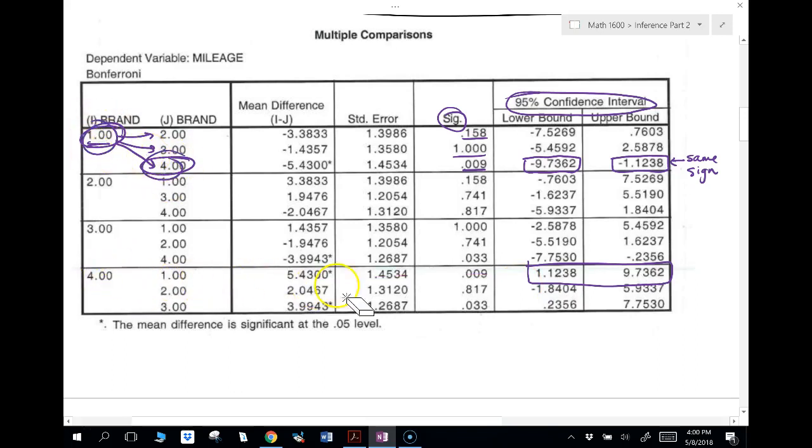All right, so let's write this out. Are there any others in there? Do you see any other pairings that are significant? 3 and 4 right here. Yeah. So we're going to use those two.